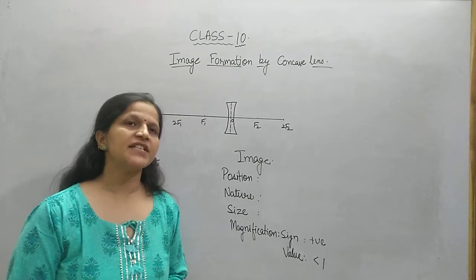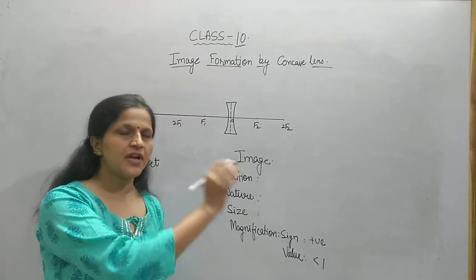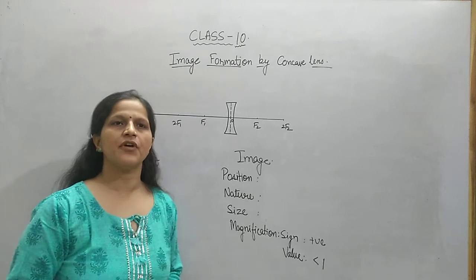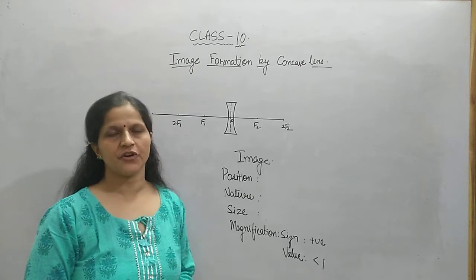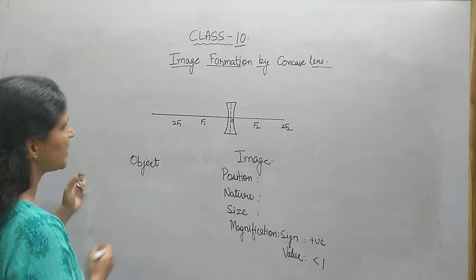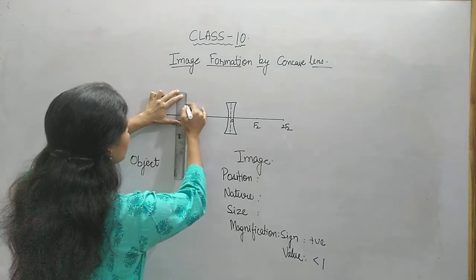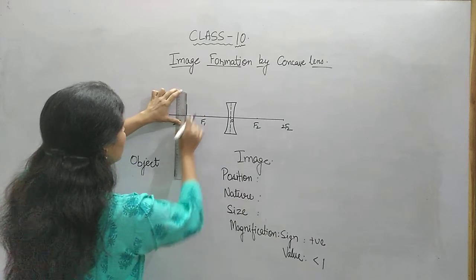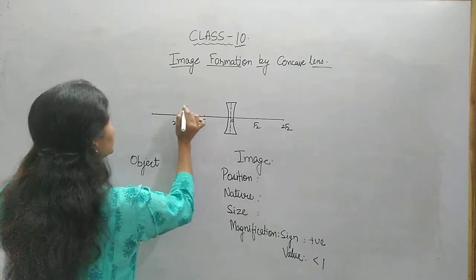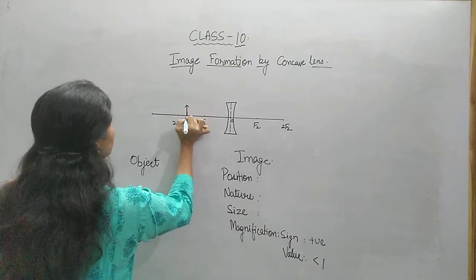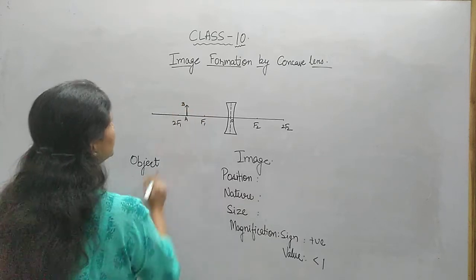In the next case, if we place the object anywhere on the principal axis, we will see that the concave lens always forms a virtual and diminished image for it. So let us see what is the second case. Suppose I place the object somewhere here on the principal axis. I can place it at any other point also. Let us name the object as AB.